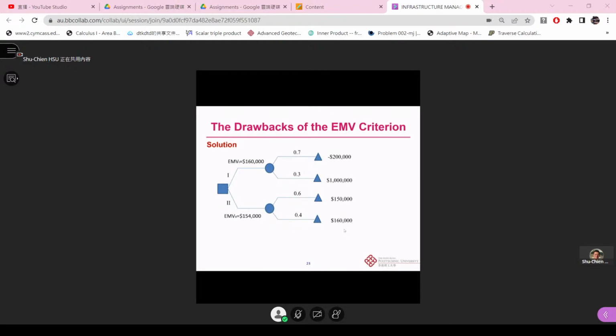So Yanning, why do you think option 2 is better? According to the EMV, there would not be any loss. However, the EMV doesn't really count whether it will get a loss.